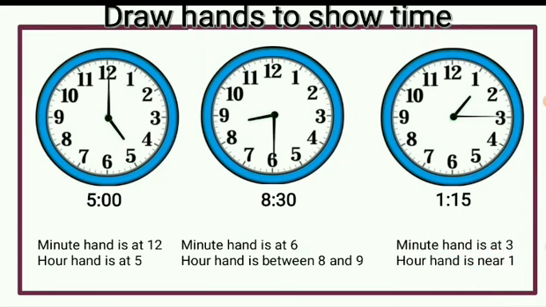So from here you see the minute hand is at 3 and the hour hand is near 1. Also, you have already learned how to write time in two ways. So the first one, we also write as 5 o'clock. 8:30 we also write as half past 8, and 1:15 we also write as quarter past 1.